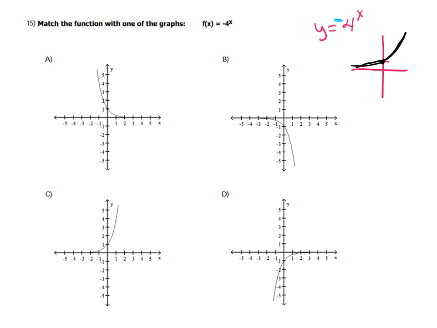When the negative is in front of the entire function, it is a reflection across the x-axis. So it's going to look like this, going through 0, -1. And that, boys and girls, is this one right there. Another B.